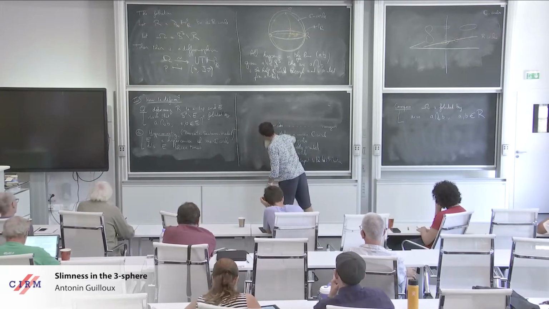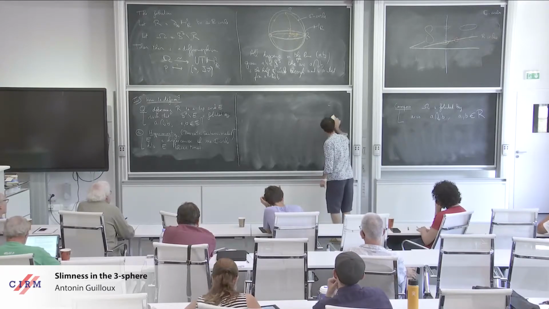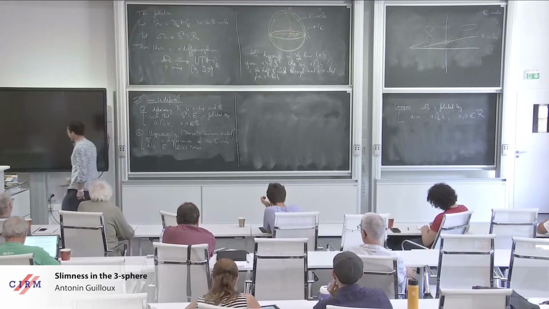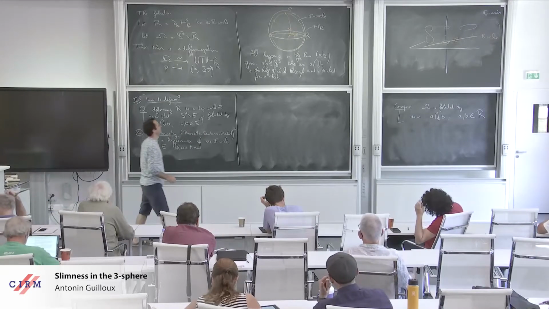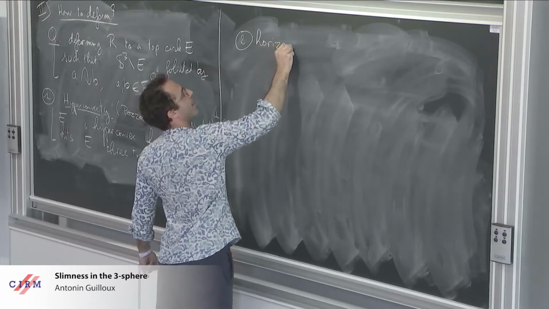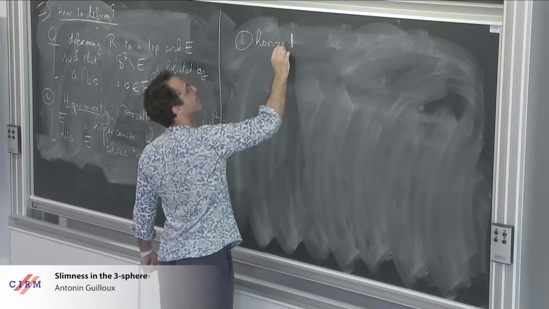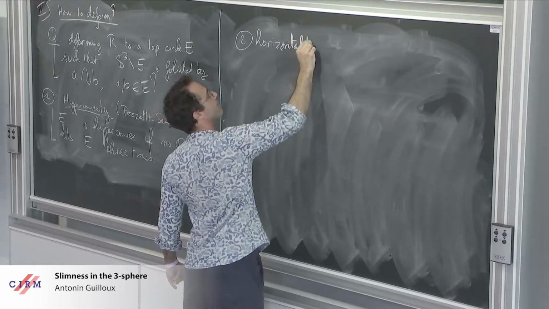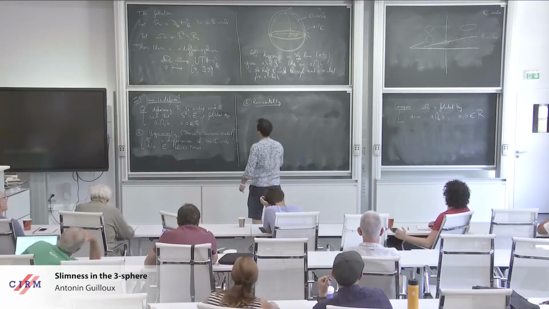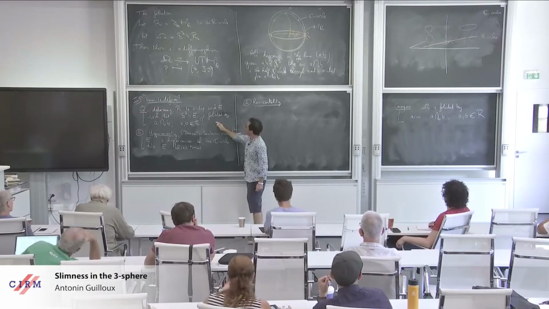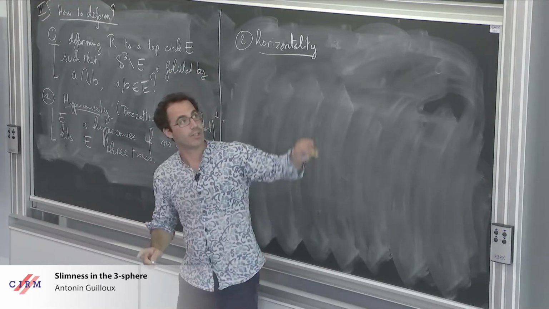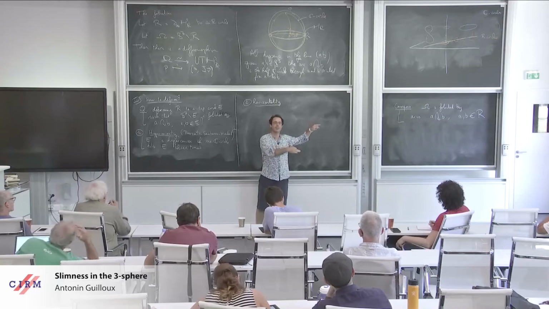But then there is another assumption a bit more difficult to state. So I want to speak about horizontality. Okay, in some sense, maybe I won't be very convincing for that, but I want this set E to share some property with the R circle, which is the fact that it is tangent to the contact distribution.